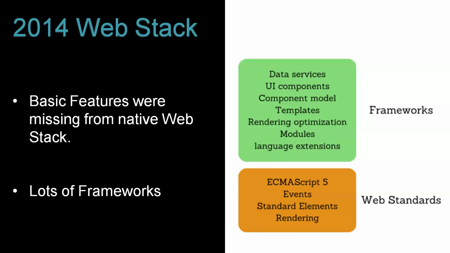To achieve a requirement, we had to design some framework by writing code, so it depended on the developer. Framework covers data service, UI component, component model, template, rendering optimization, modules, and language extension. But web standard covered ECMAScript 5, events, standard elements, and rendering. So there was a lot of framework and little web standard.